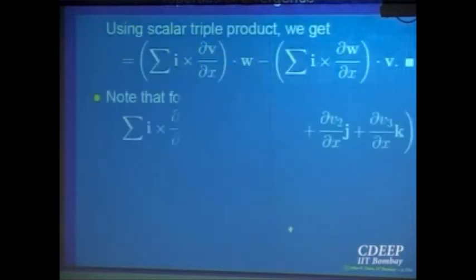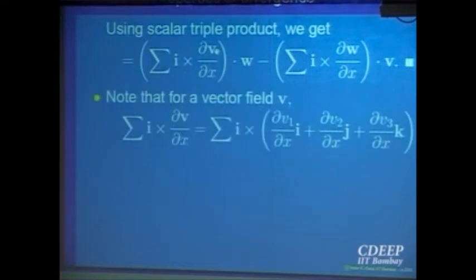This vector is i cross del v by del x. Let us understand. Del v by del x is the partial derivative of v1 with respect to x i plus the partial derivative of v2 with respect to x j plus the partial derivative of v3 with respect to x k.